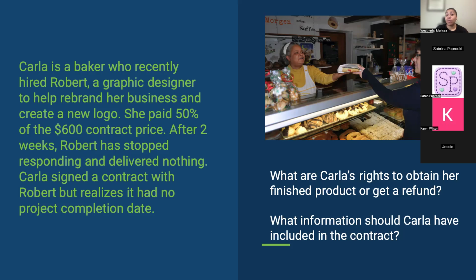So this is an example of a vague contract. She didn't have the necessary information in there to protect herself. And the other thing too is there's no information in there about what would happen if he didn't deliver, because she didn't even put a time. So for this one, she would definitely have to keep pushing him and she might even have to sue him in small claims court. And so then you think about, would it be worth it?